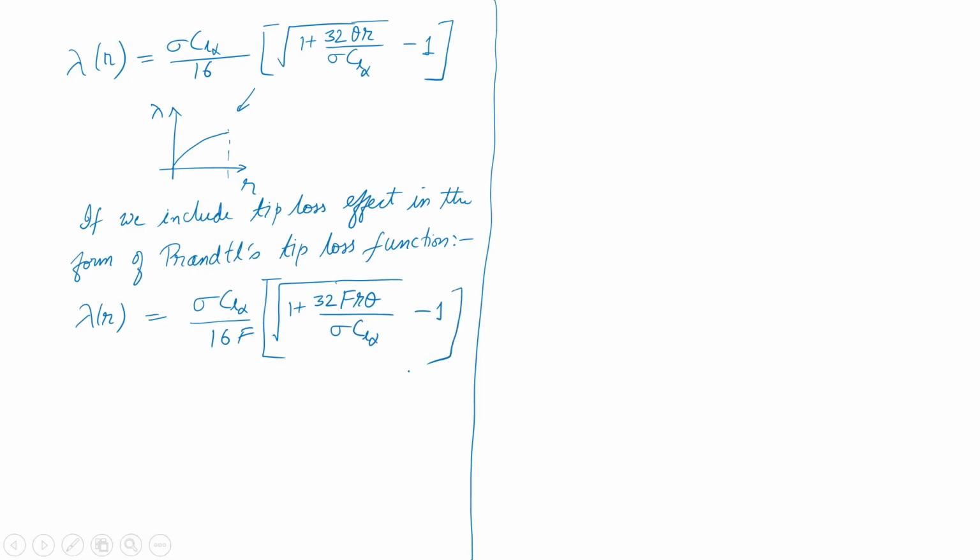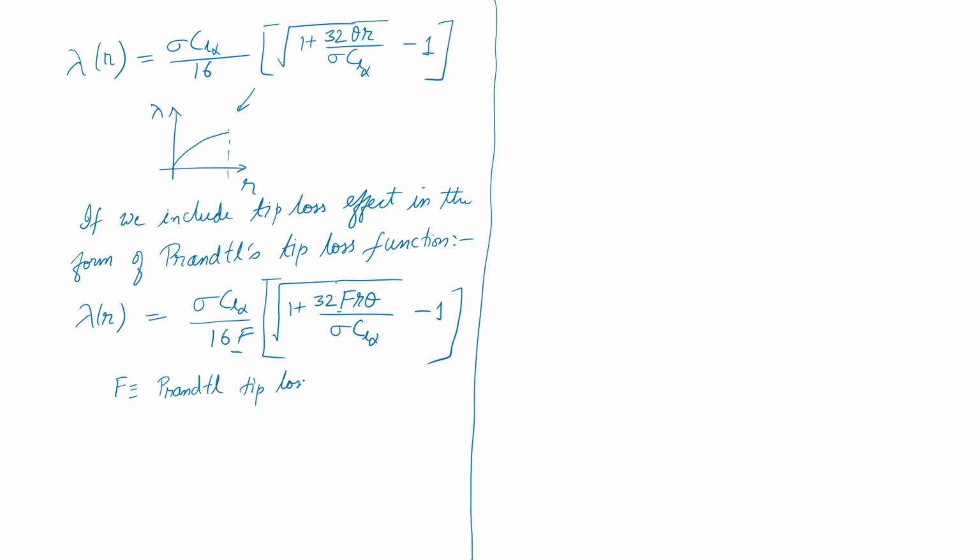Okay. Same expression as before. Now, I have an F which has come down here and an F which has come inside here. So, you can see this is an empirical correction right now, but this F is not really defined empirically, but it is defined.